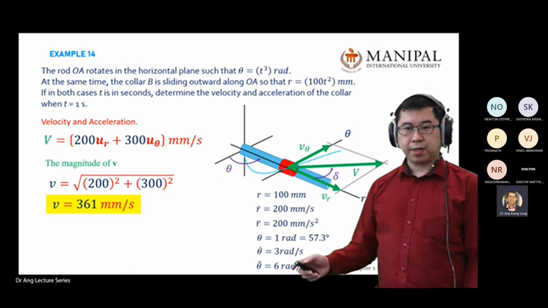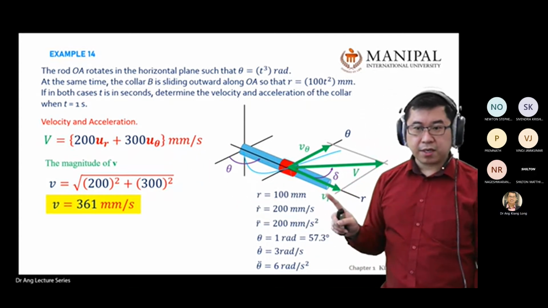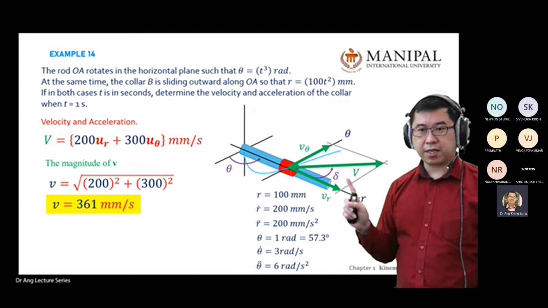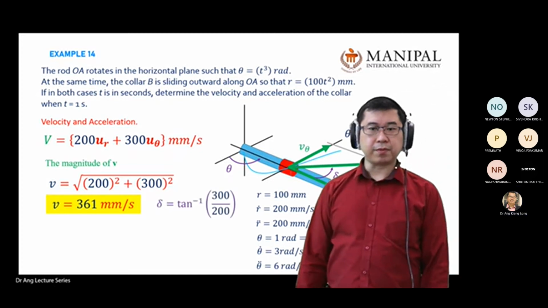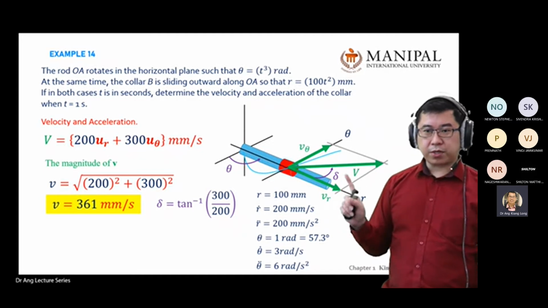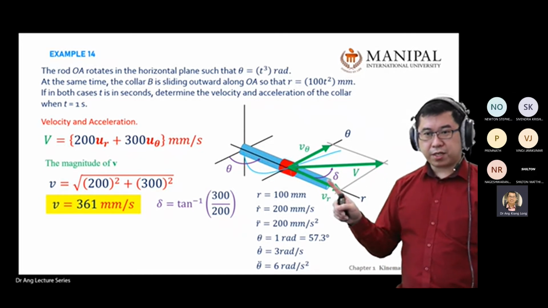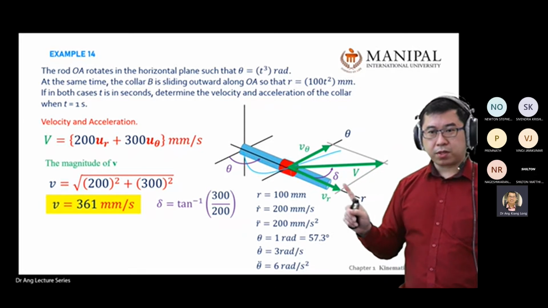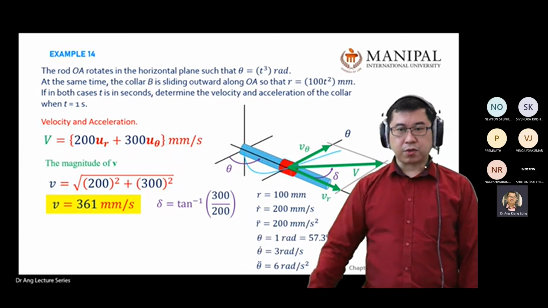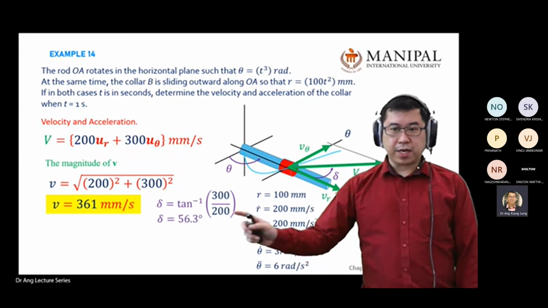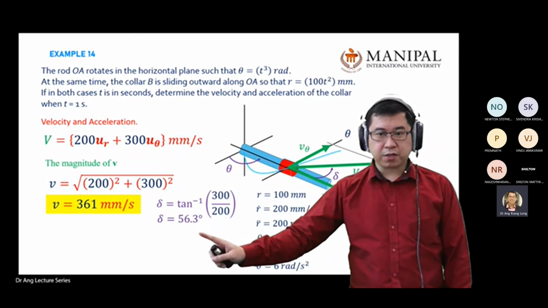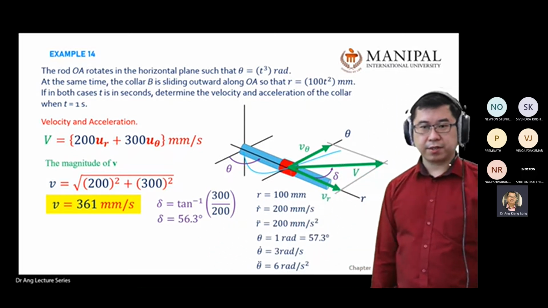You have the UR and U theta, so you're able to find the angle. You use the tangent equation: tangent of this delta equals V theta divided by VR. You do the inverse, and you get this angle equal to 56.3 degrees.